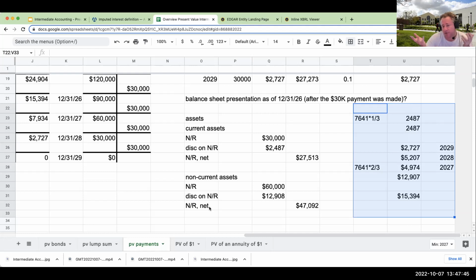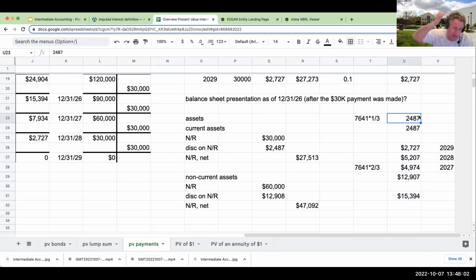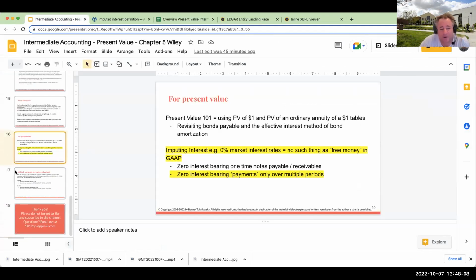It'd be note payable less the discount on note payable, and you'd have to separate it between current and non-current. So more fun for all of us. And by the way, this isn't even technically correct. I think that's right. But we'll see. I made this thing up myself, so there's no way for me to go through and check anything. But hey, there you go.